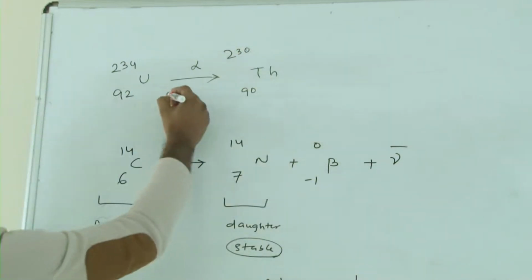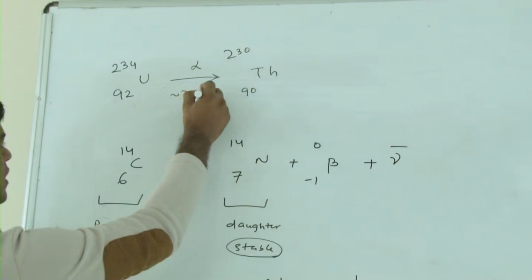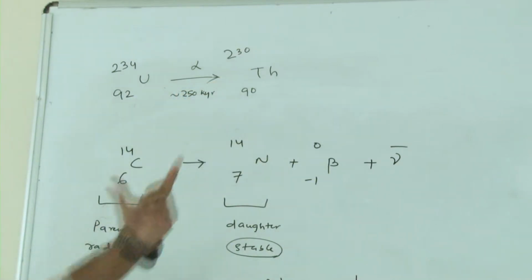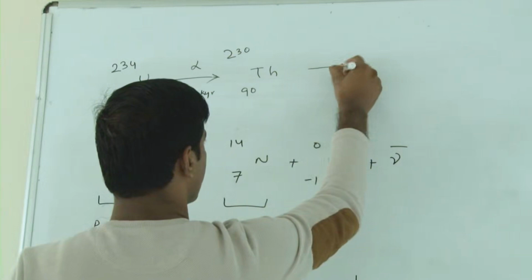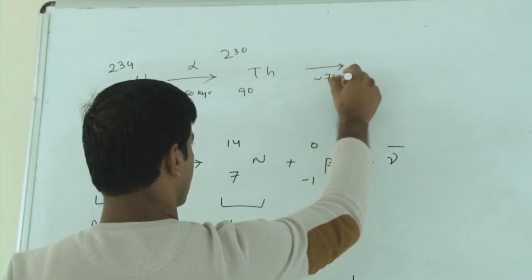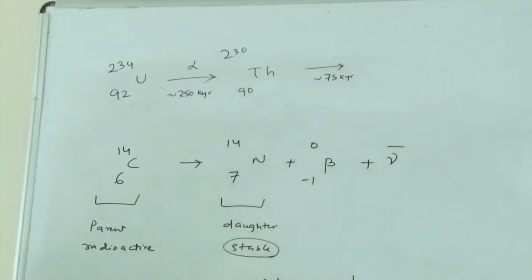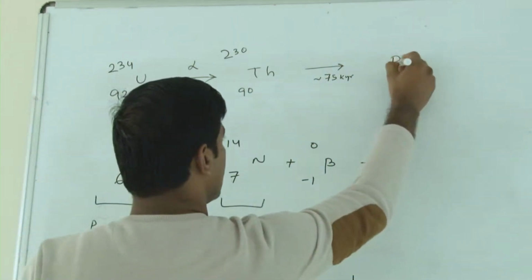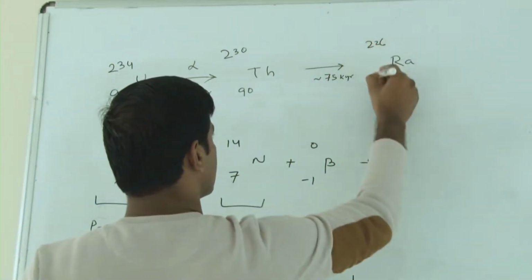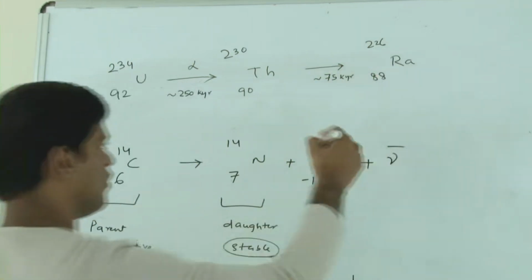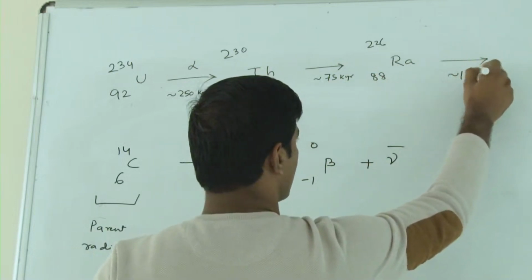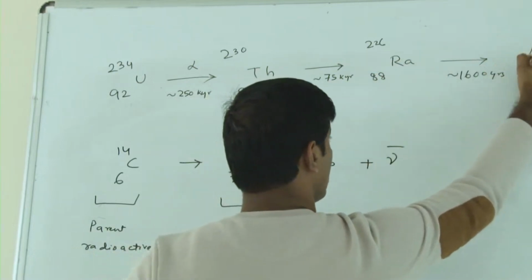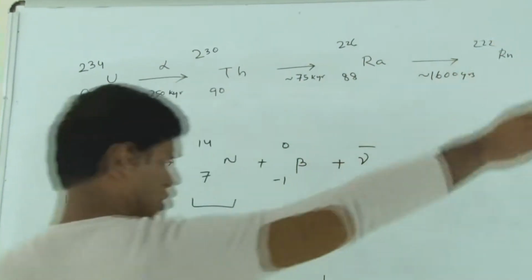The half life is about 250 kilo years, and the thorium 230, which is a daughter, itself is radioactive. So, it will decay further with a half life of 75 kilo years, and it will produce radium 226. Well, if you continue like this, even radium itself is radioactive, it has a half life of 1600 years, it will give you radon 222 and it keeps on going.